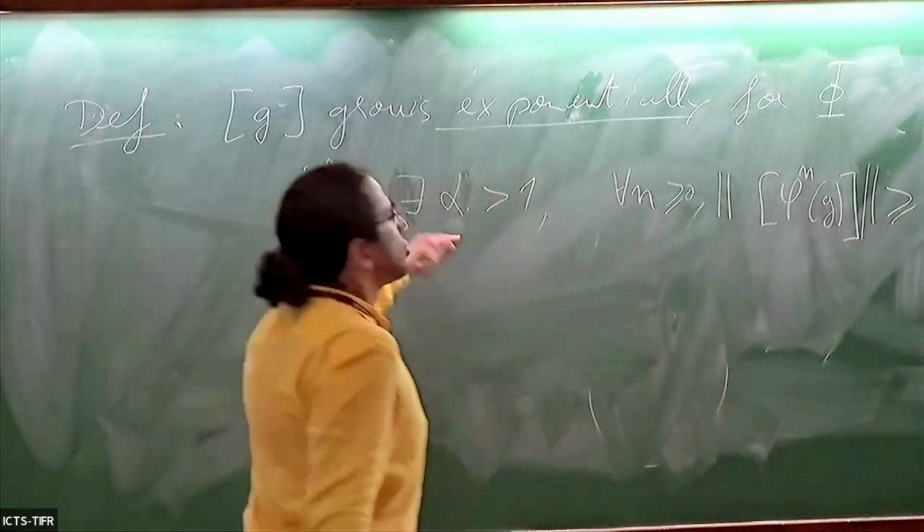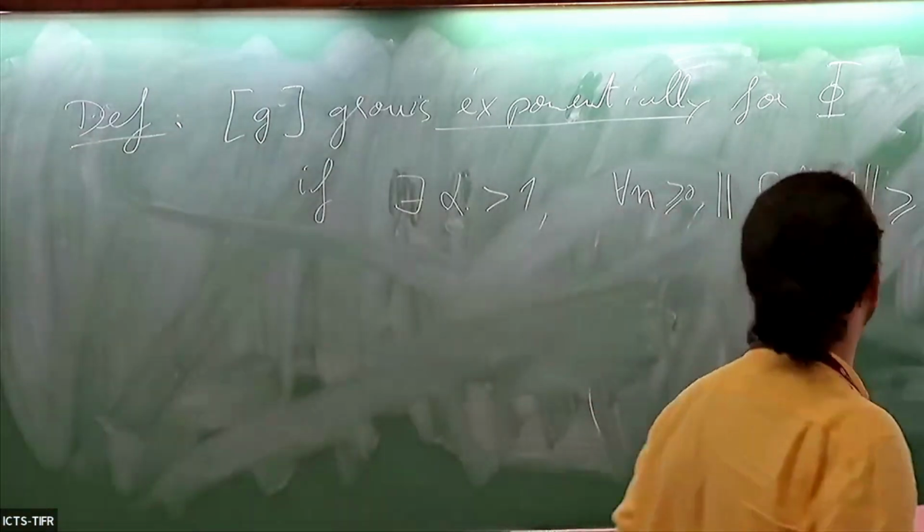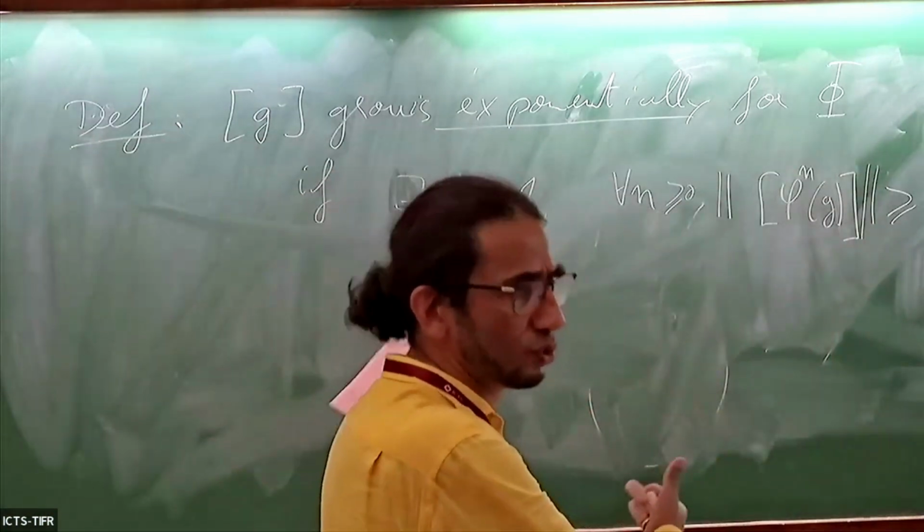Alpha can depend on G. So I don't have to place length of G. If I want some uniformity, I will have to place this.